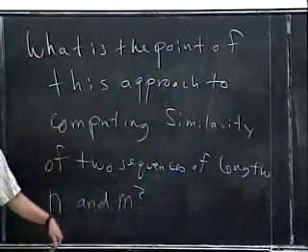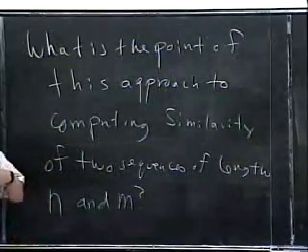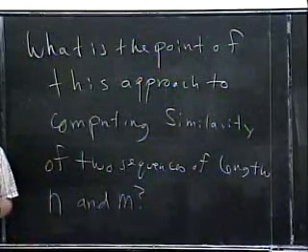Why are we doing this? Why did I just go through that method? What are we trying to achieve?